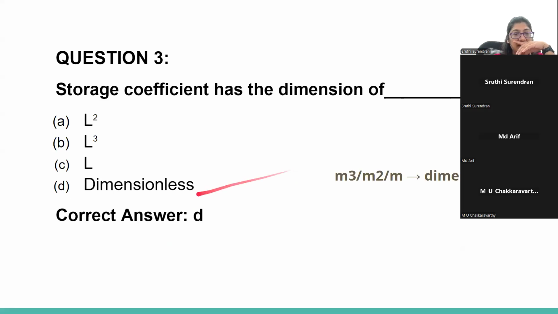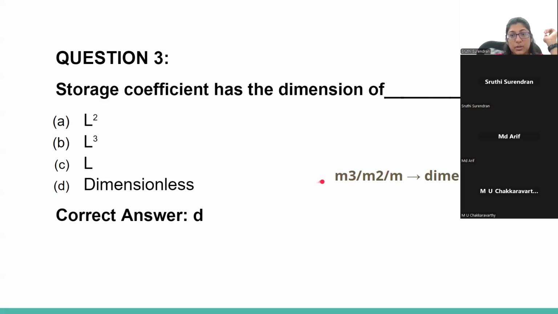Okay, so the correct answer is dimensionless, like you had seen in the video. It is the volume of water that is released from an aquifer with unit cross-sectional area, for a loss of water head of 1 meter, or unit pressure head, that is called the storage coefficient.